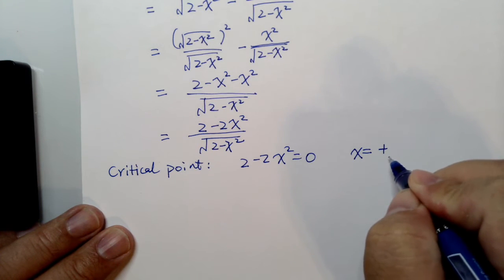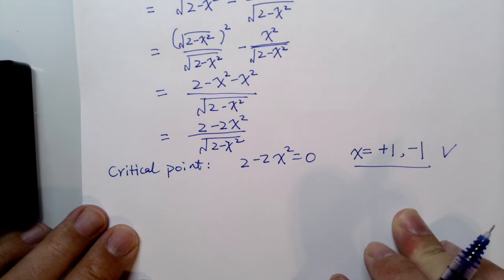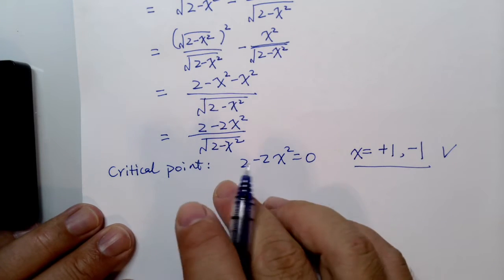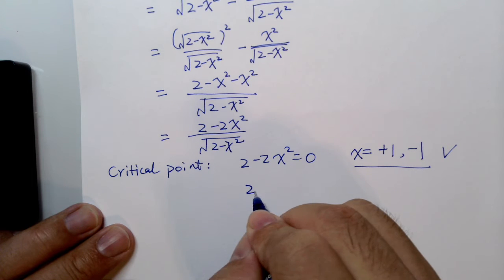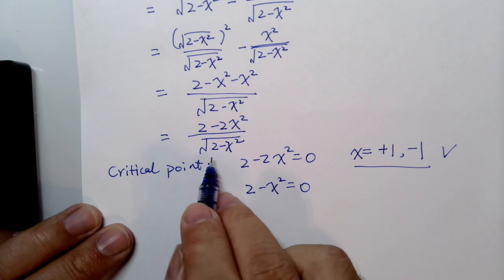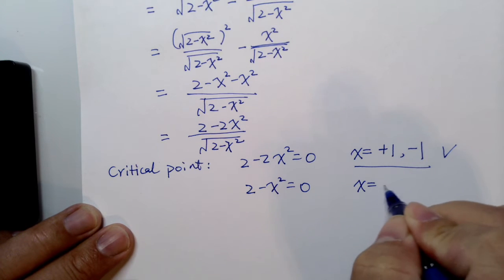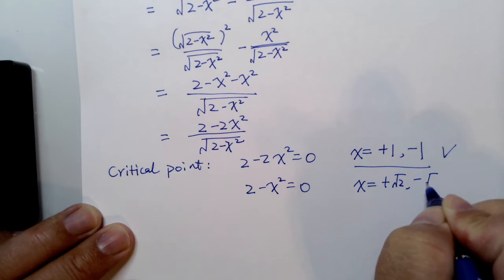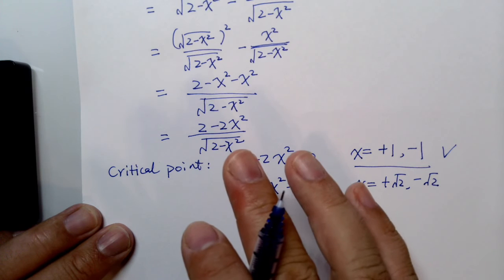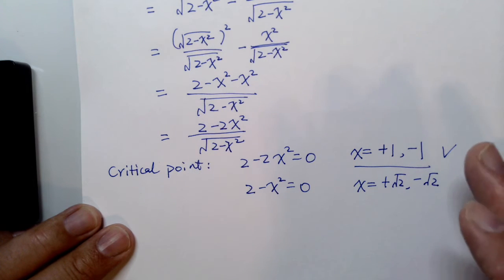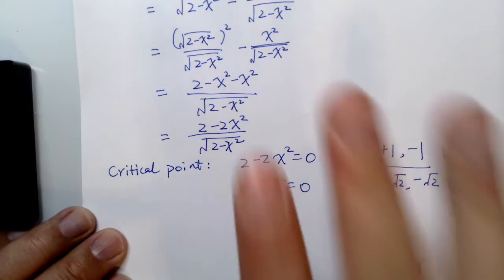That is x equals positive 1 and negative 1. Yes, those are the two critical points that make my derivative equal 0. Wonderful. Also, don't forget those values when 2 minus x squared equals 0, that is when your denominator equals 0. Solving for x, x equals positive square root of 2 and negative square root of 2. Those two values make my derivative undefined, so those are also critical points. So in this problem, we actually have 4 critical points.